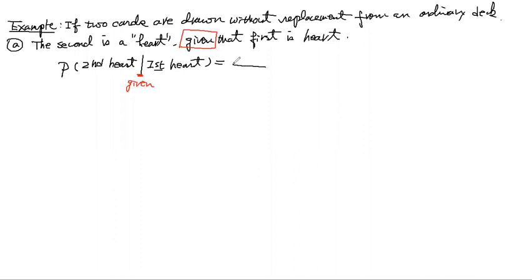So let's try to put it into the statement. We say it's a P, and you put the condition on the bottom. So the first is a heart.